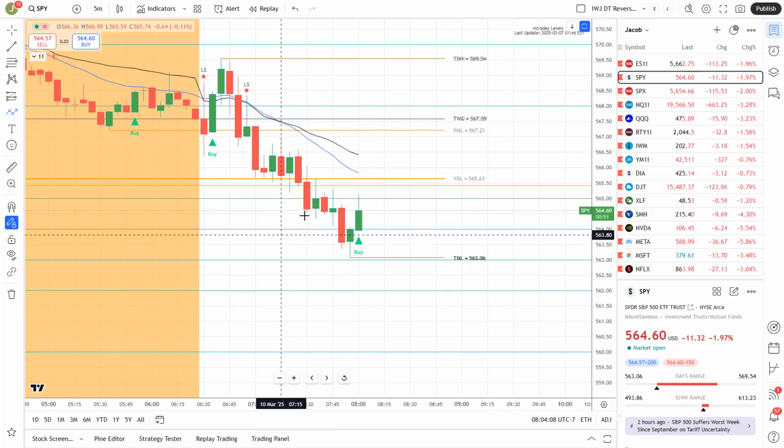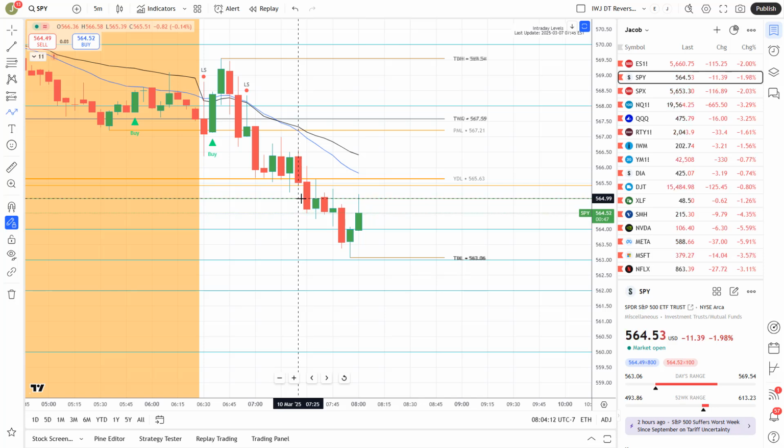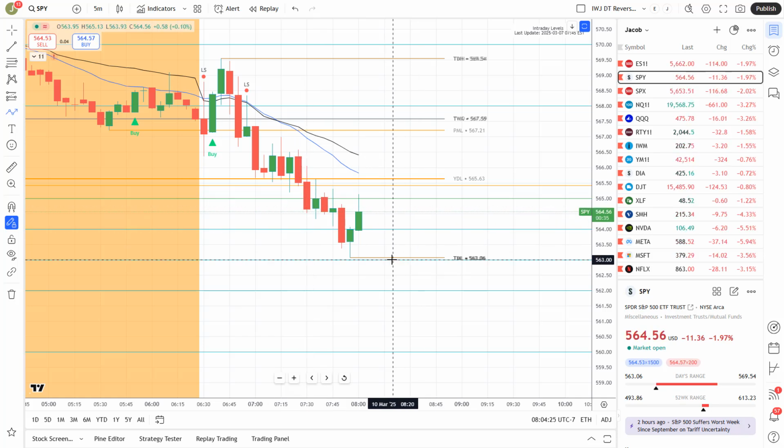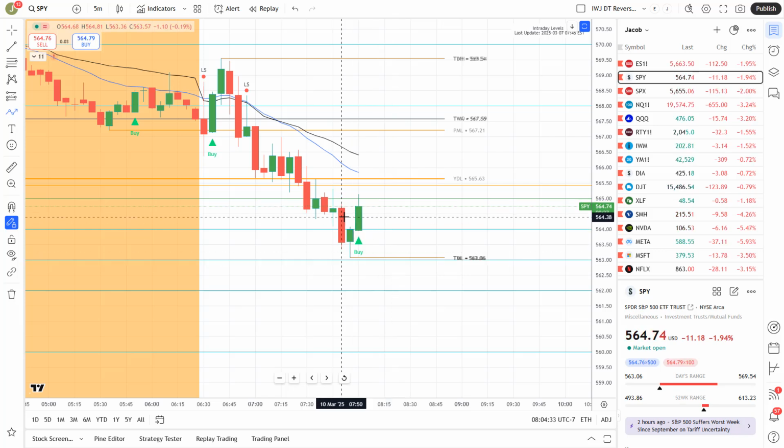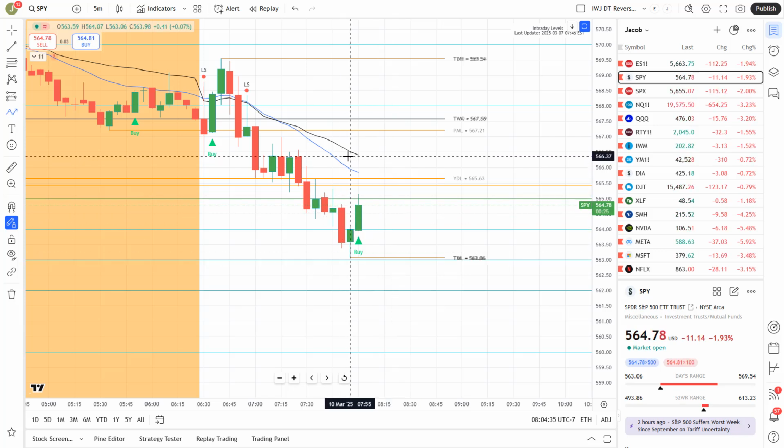Struggling with this resistance right here, this breakdown bar. If they can get back above this area, they can squeeze a little bit.